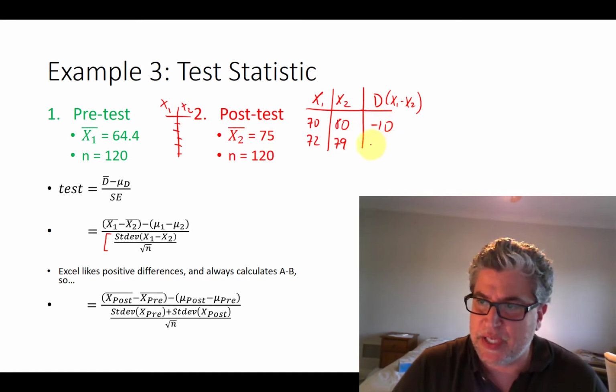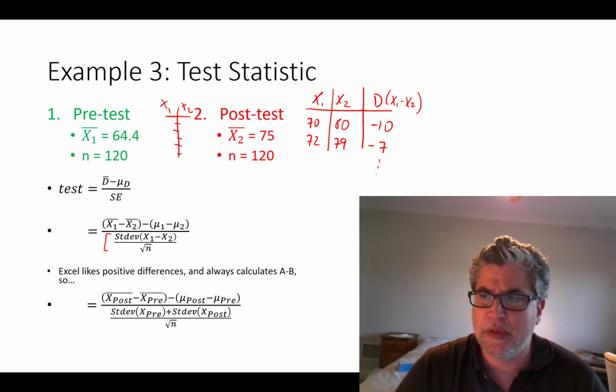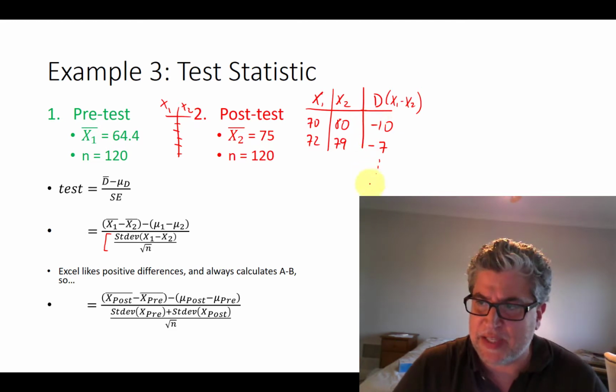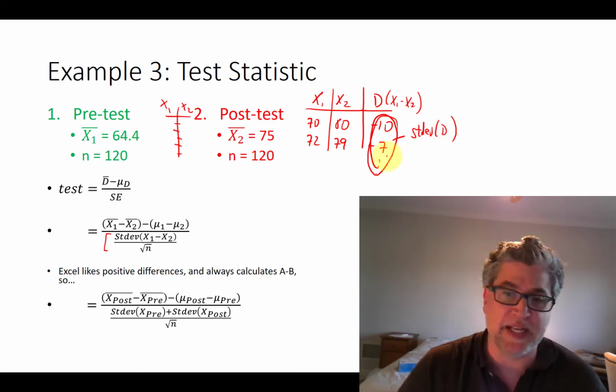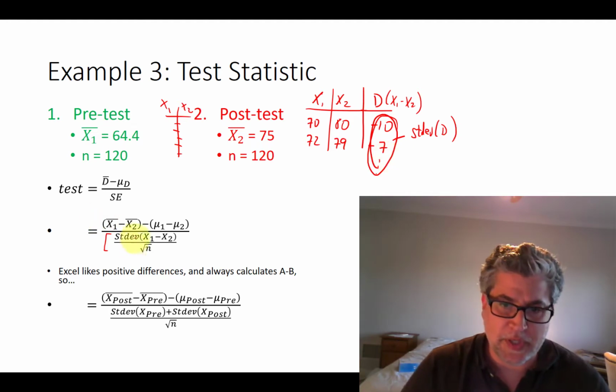Here this difference is negative 7, and so forth. And then you've got this sample now, this column of data. You could just calculate the standard deviation of this data set.